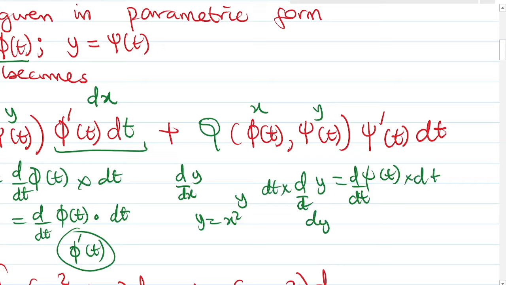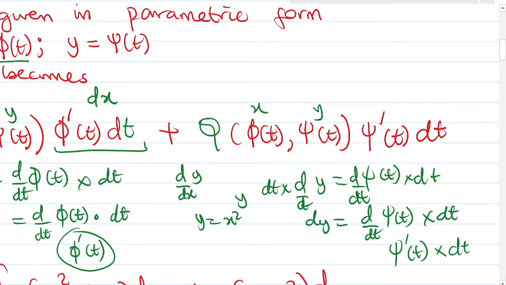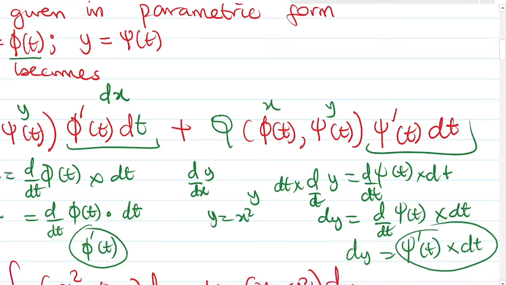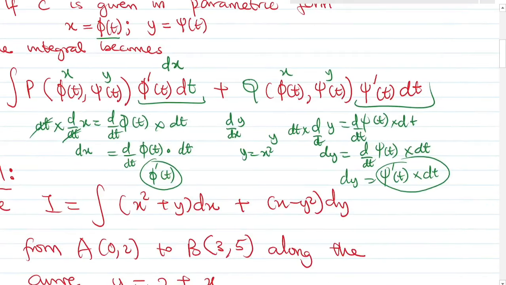So you have dy equal d dt of phi, then multiply by dt, and of course this also, as you have it here, is phi prime of t times dt. So that's your dy. That's why they changed dy to everything here. So it's very simple. Now that's just what you want to do first, and then you can now integrate.